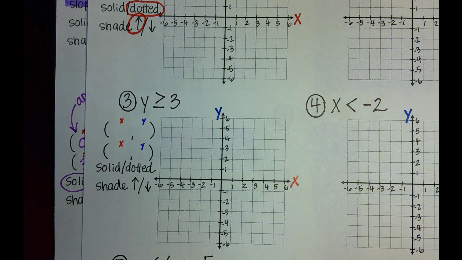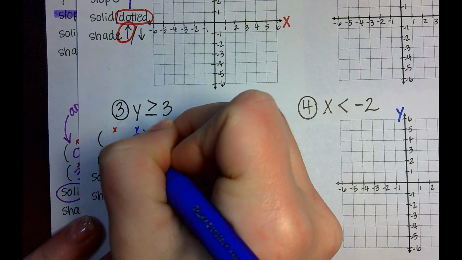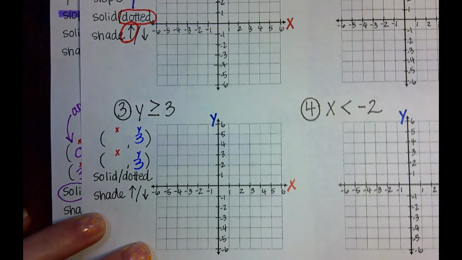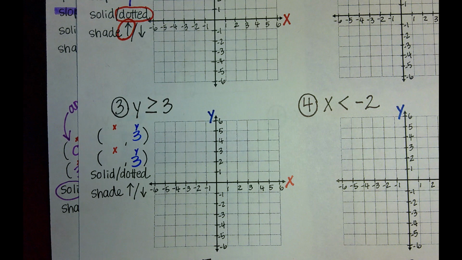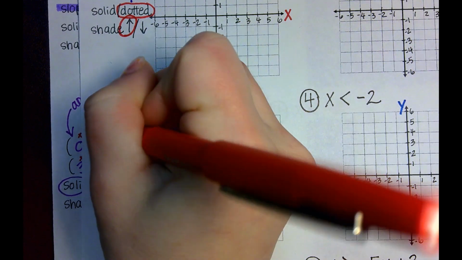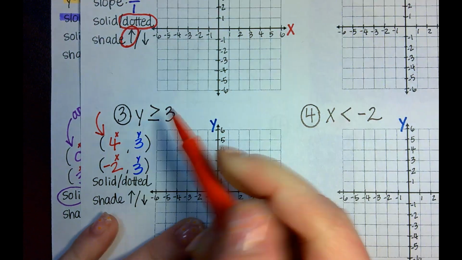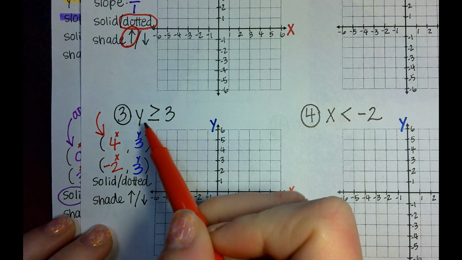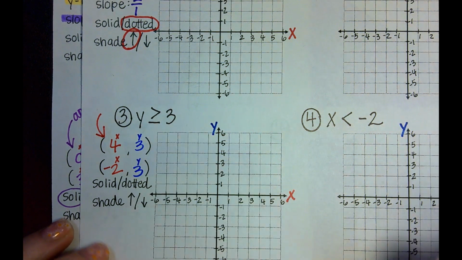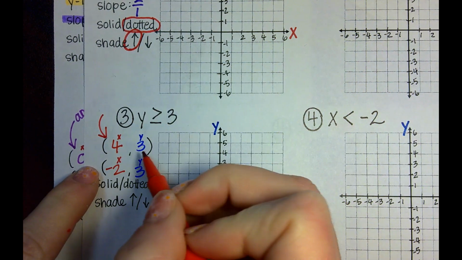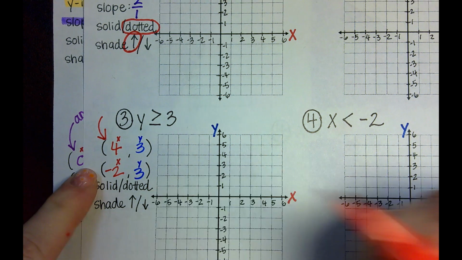So let's go ahead and fill in 3 for y, and give me some random numbers for x. -2. I heard 4. Give me another one. Awesome. So, little note to make. When we have y equals something, or y is greater than something, y is less than something, y is going to be whatever number they give you.